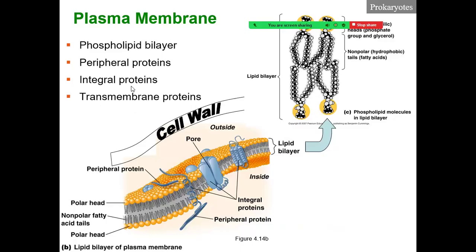The integral proteins and the transmembrane proteins span the membrane, like this pore protein, probably a channel pore protein, and that protein there, a transport protein. All of these proteins span the membrane. Any question about any of that?